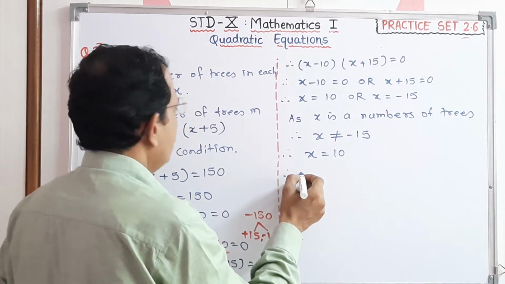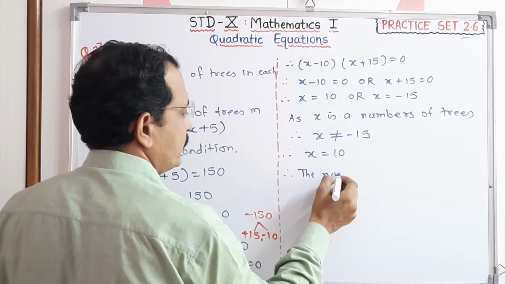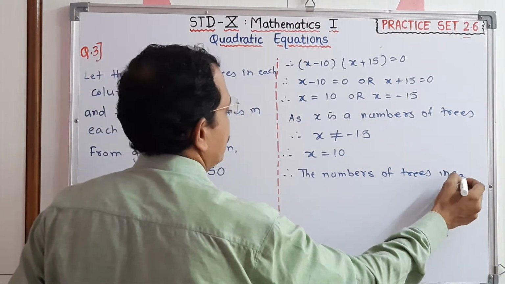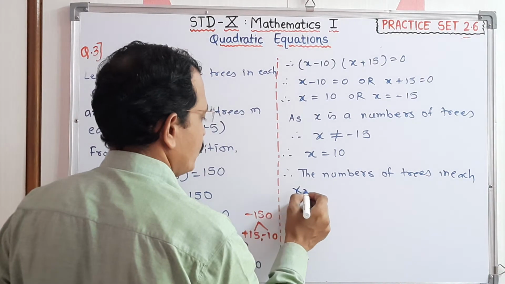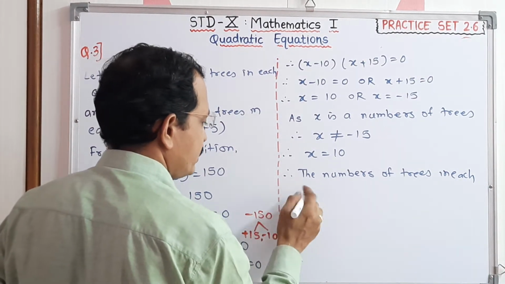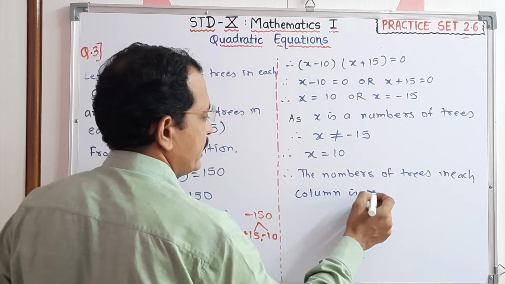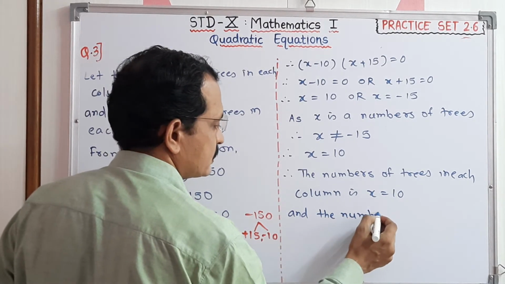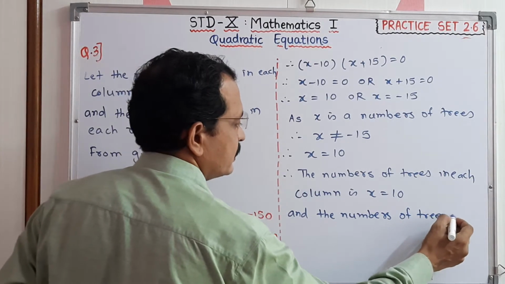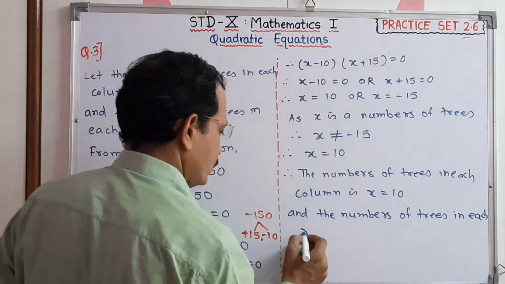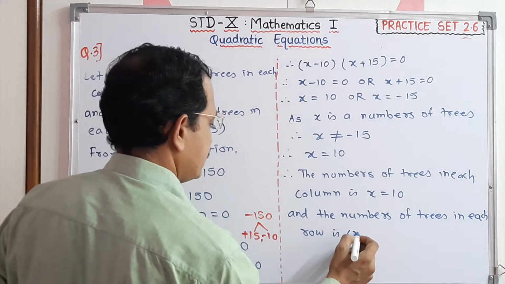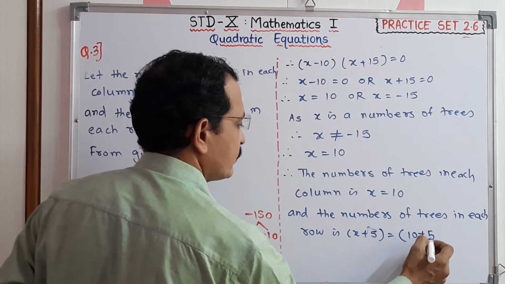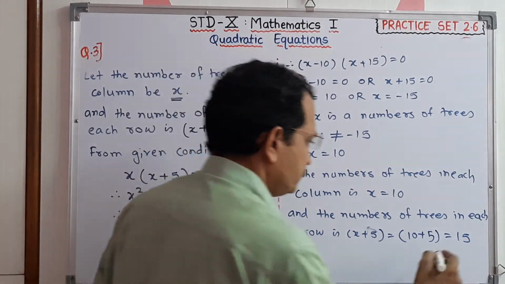Therefore we can write the number of trees in each column is x, that is 10, and the number of trees in each row is x plus 5, that is 10 plus 5 is equal to 15.